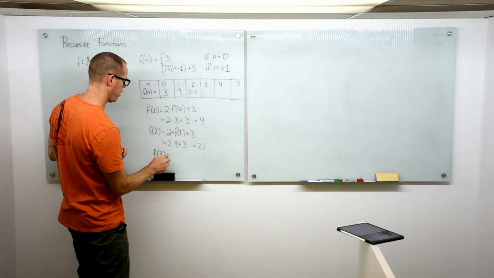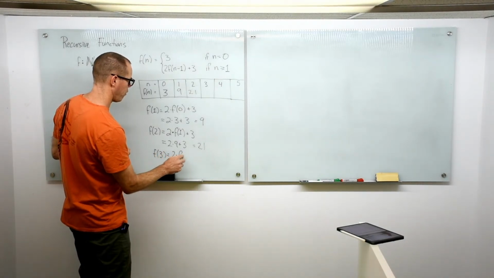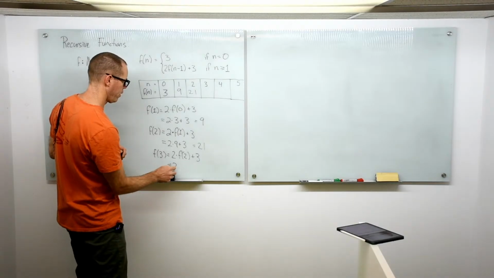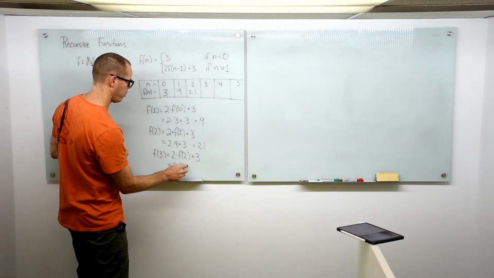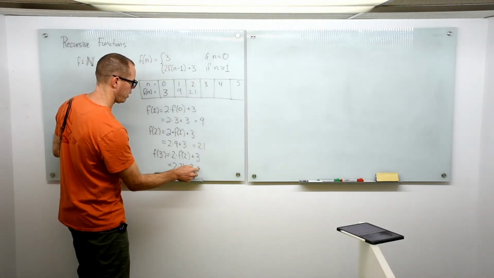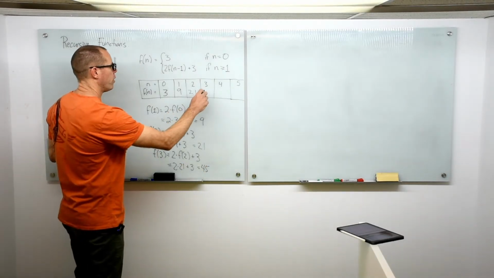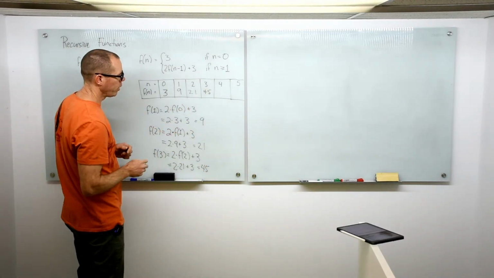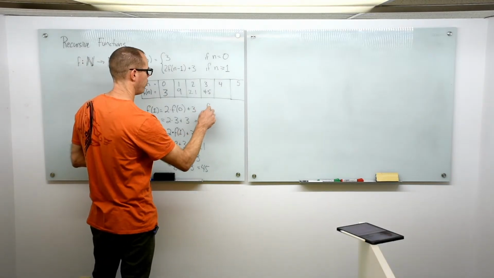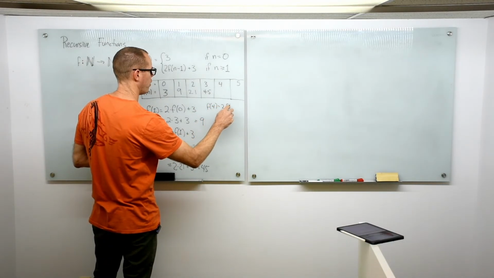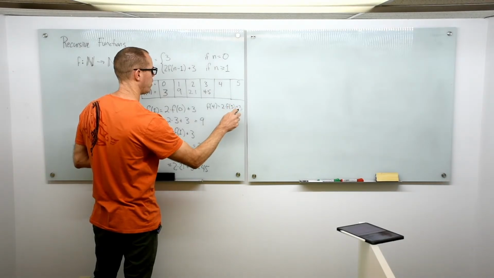f of 3 is 2 times f of 2 plus 3. That's 2 times 21 plus 3, which is 45. We get a 45 here. And we can keep going. f of 4 is 2 times f of 3 plus 3.